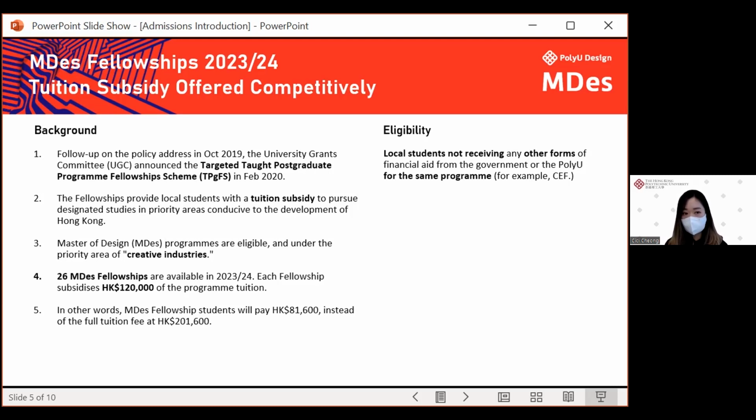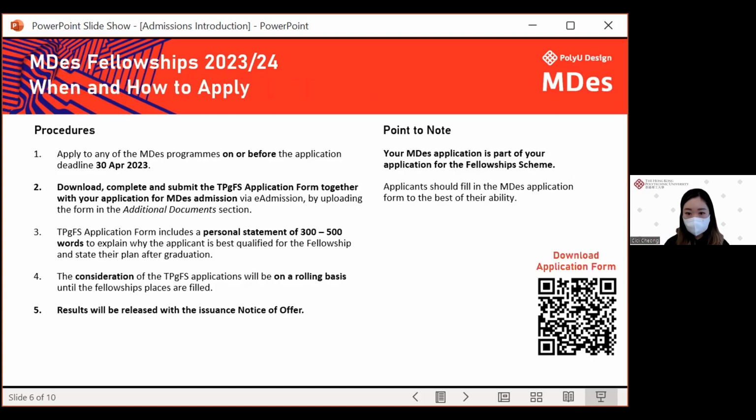But please be reminded of the eligibility of the fellowship. If you receive any other form of financial aid from the government, you cannot apply for this fellowship. So how could you apply for this fellowship? If you are interested, you may download and complete the application form together with your application submitted on the online system.